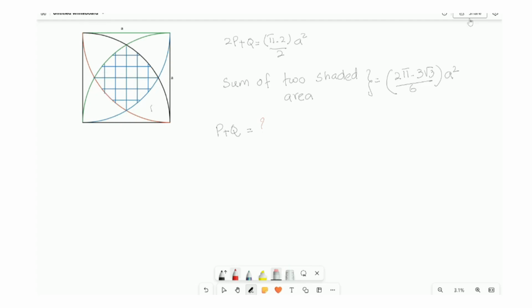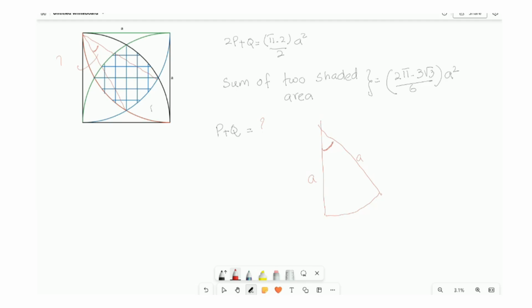Now I draw this line from here to here and from here to here. It is a sector area, and that radius is still the same. Now what I need is this angle, so this one is the question.